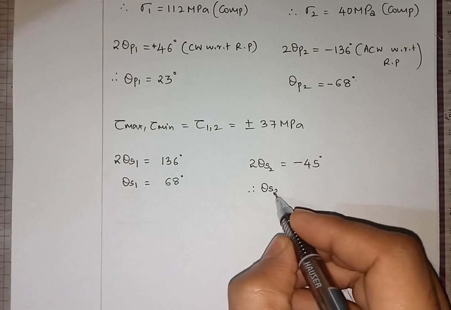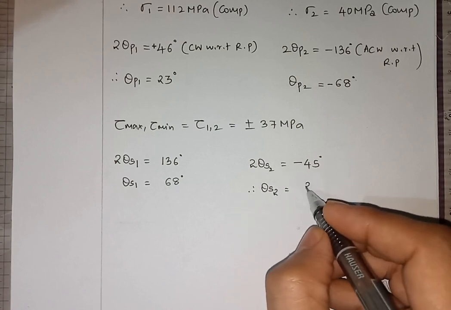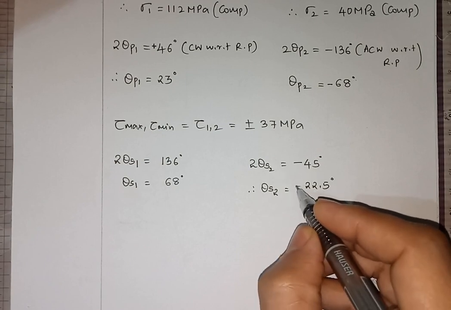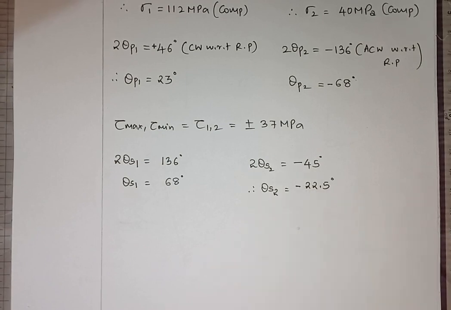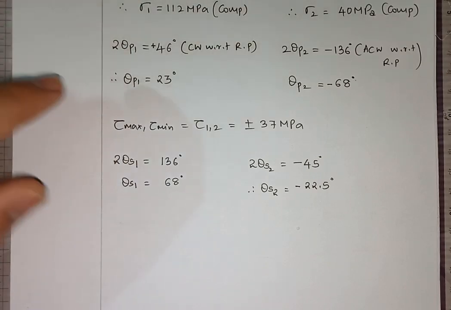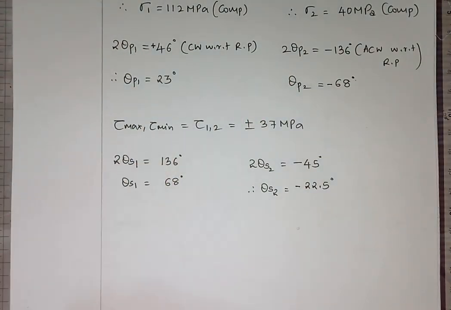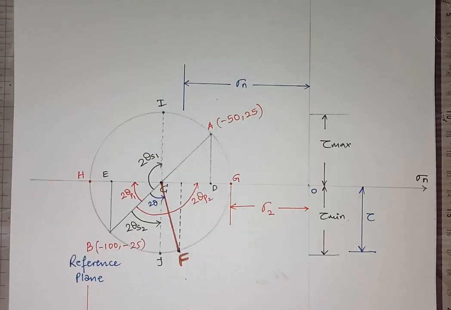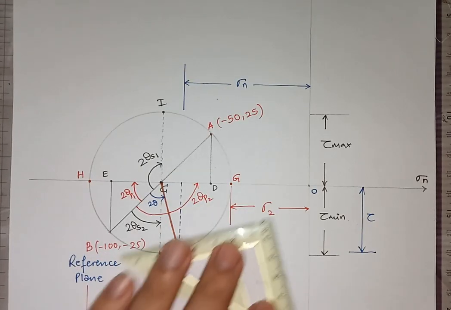Therefore theta s2 is 22.5 degrees with a negative sign, right? So these are the maximum and minimum principal stresses, their orientations, and the maximum and minimum shear stresses, their orientations. Now we'll go for the shear stress and the normal stress on the oblique plane. Okay, so let me measure this.